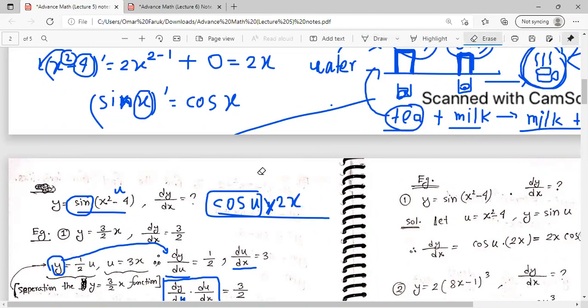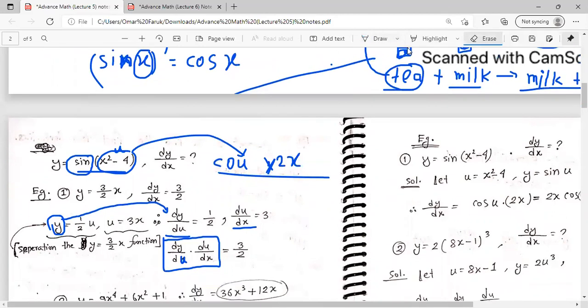Then we have to replace this value here. So cos u will make cos of x squared minus 4, that means we substitute u here. So it will make cos of x squared minus 4 into 2x.